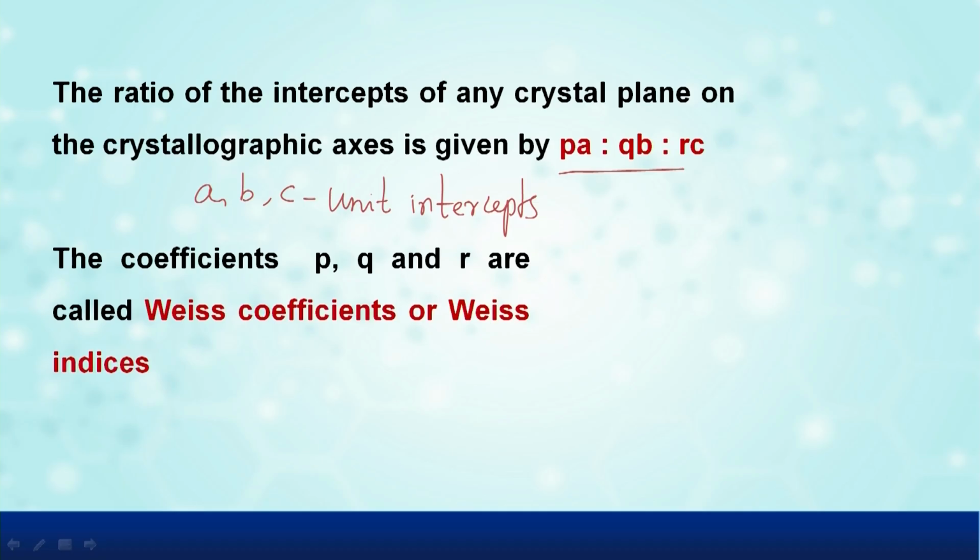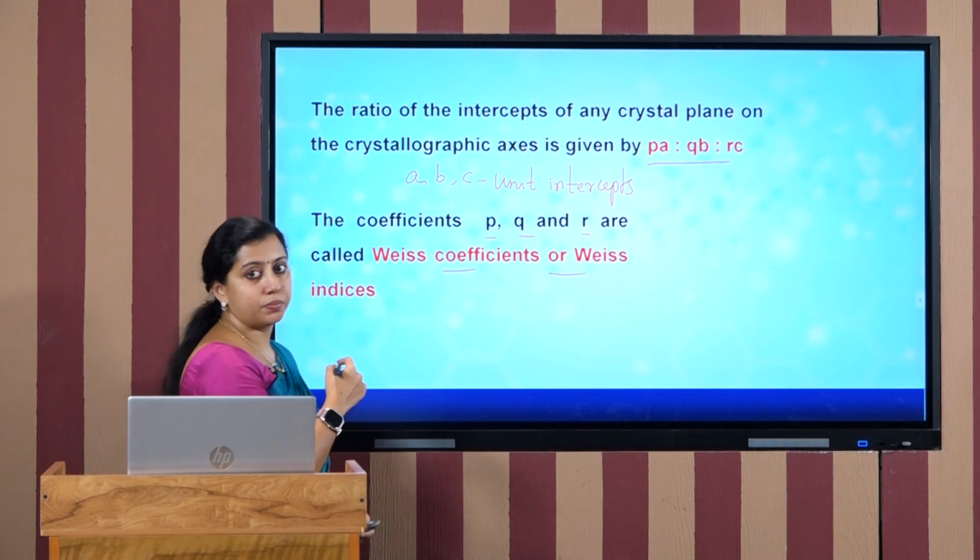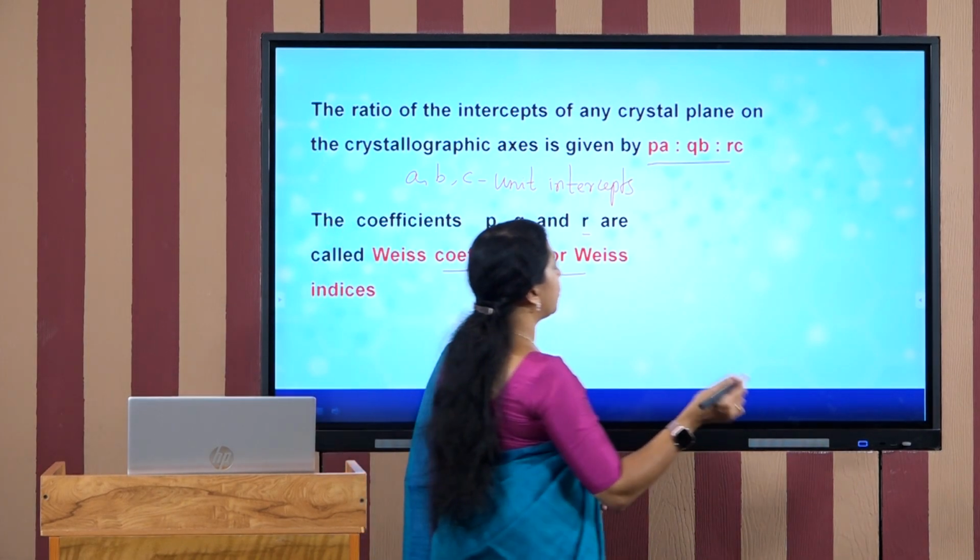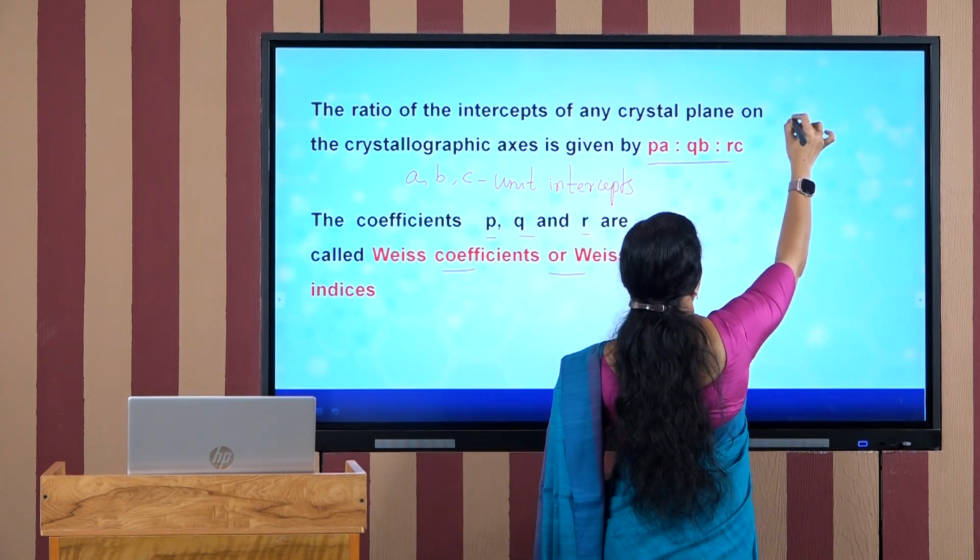And the coefficients p, q and r are called the Weiss coefficients or Weiss indices. Okay. So, let us draw that plane to make it more clear.